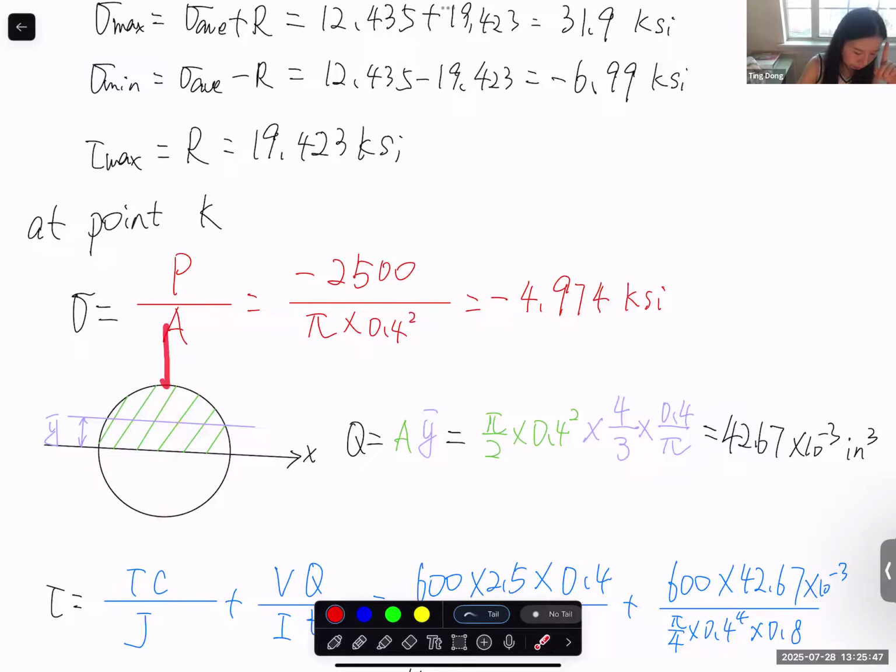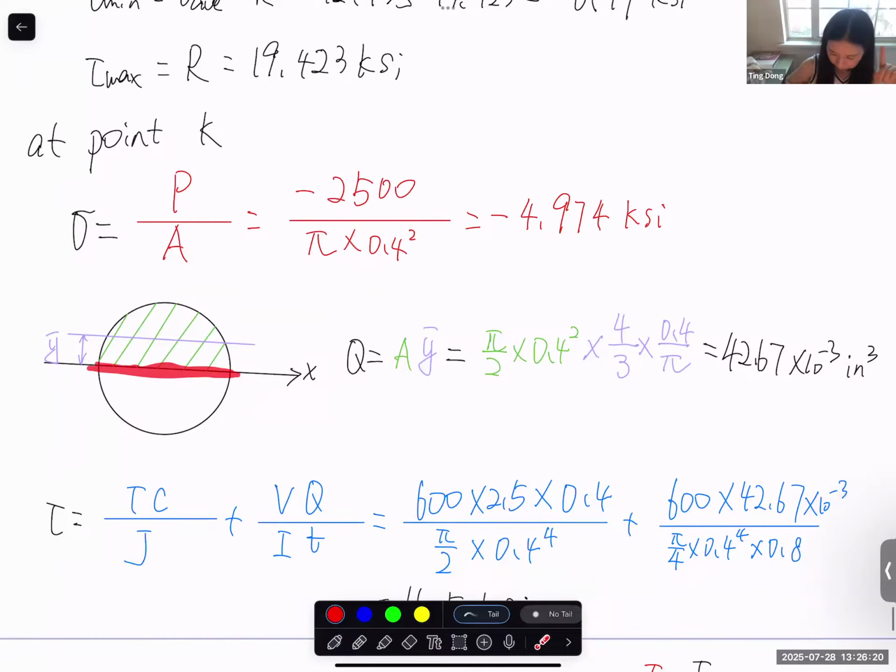So when it goes in this direction, and let's say I'm asking about this point, then this should be the area for calculating Q. And now let's say I'm asking about this point, then this should be the area for calculating Q. And I move to the middle point. Now the half circle is the one we should use for calculating Q. And of course, when force goes in this way, this is the T. It's a diameter. Does this make sense or not?